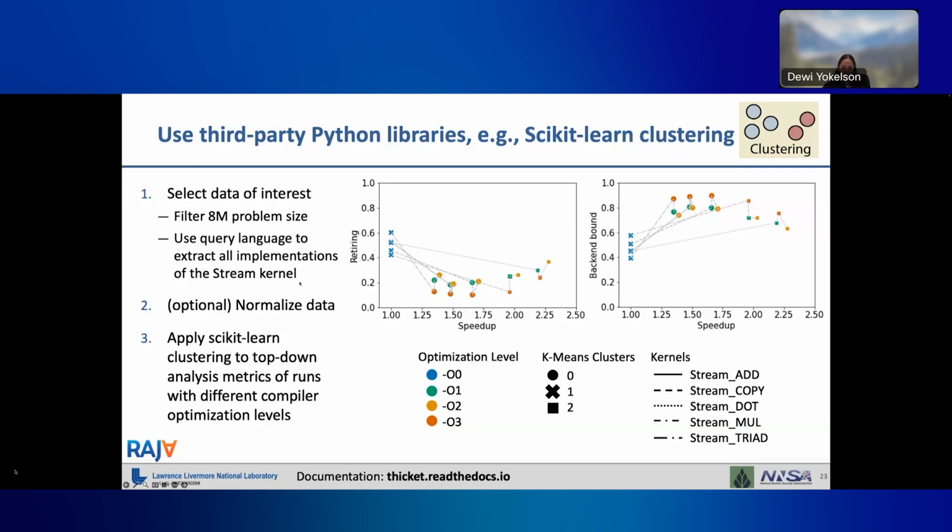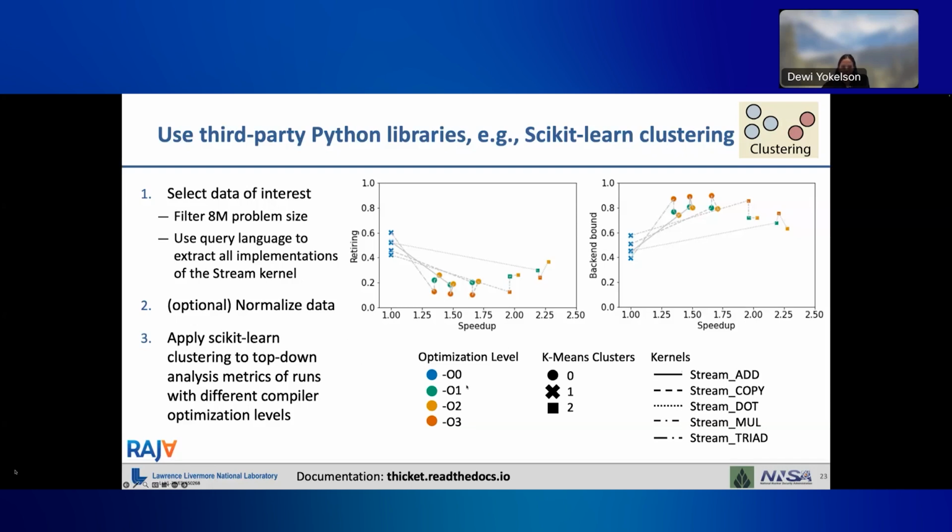So we're just looking at the stream group. If you remember, we had the apps group. There's a stream group, which includes these 5 stream kernels. You can normalize the data, and then you can apply scikit-learn clustering to these top-down analysis metrics to determine which optimization levels are grouped together.